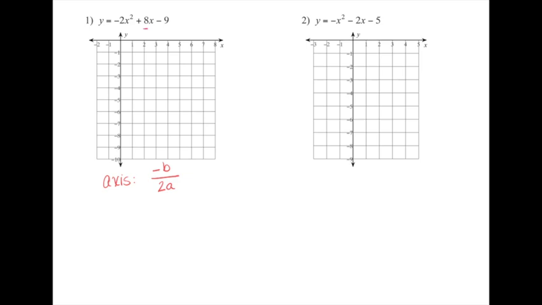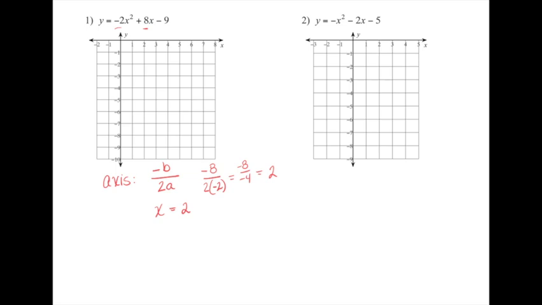So we're going to say -8 over, my A is -2, all right? So 2 times A. So I end up with -8 over -4. You do want to reduce that. That is 2. The way I would write my axis is I would say x equals 2. X equals 2. -b over 2a is your shortcut to find your axis when it is in standard form.